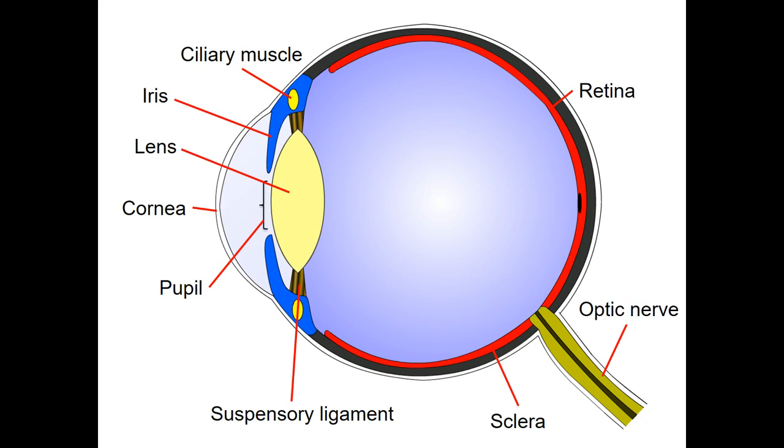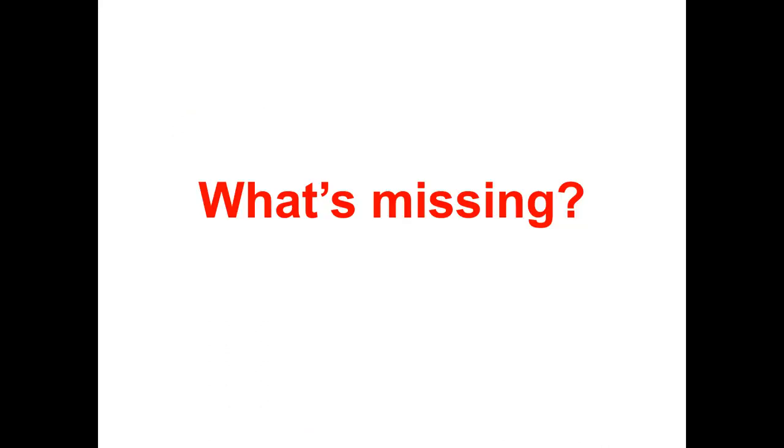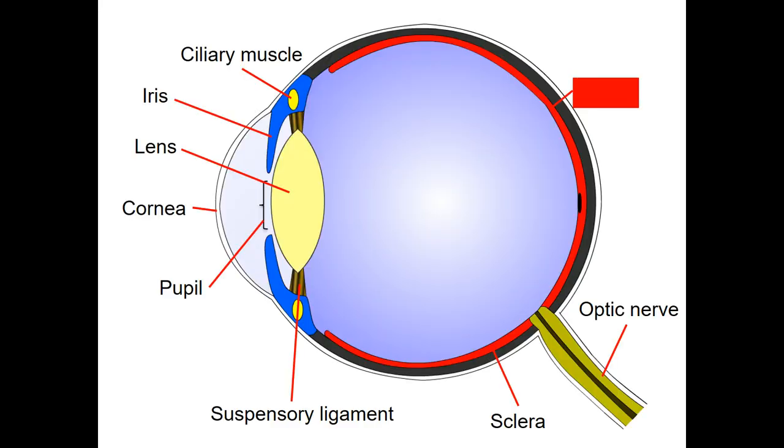The optic nerve. What's missing? The pupil. What's missing? The retina. What's missing?